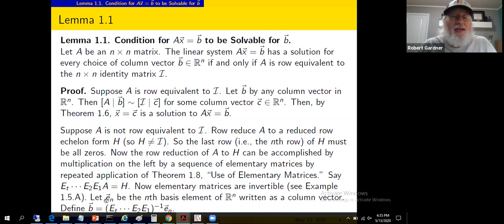Okay, so take E sub n, the nth standard basis vector for Rn, as a column vector. Define vector B to be E sub t inverse, up through E sub 1 inverse, times that vector E sub n. This vector B is going to be a bad vector.